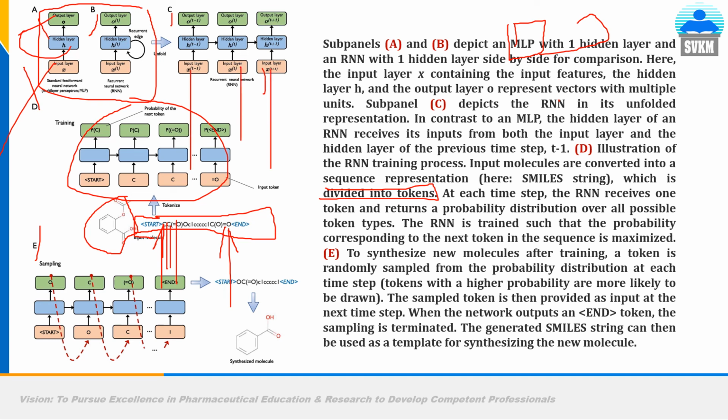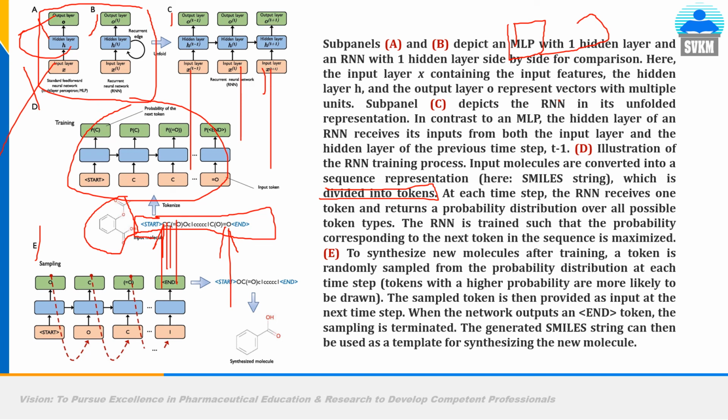At each time step, the RNN receives one token and returns a probability distribution over all the possible token types. Means as soon as you give the C, it will show various possibilities of what will come after this C. This is called the probability distribution over all possible token types.